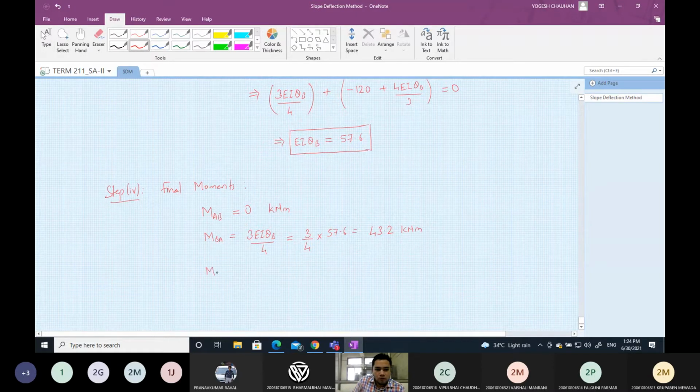Then MBC is equal to minus 120 plus 4EI theta B by 3. So it will be minus 120 plus 4 by 3 into 57.6. That will be minus 43.2.